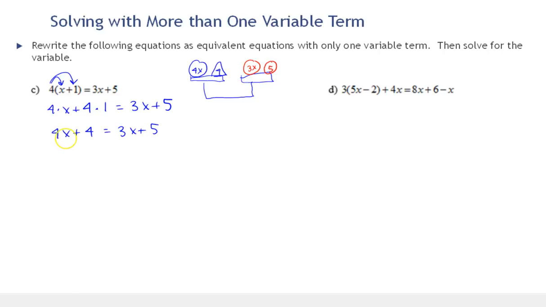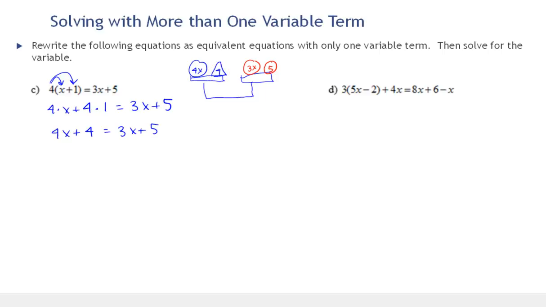Here we can't tell the construction process of the equation because there's x's on both sides. So here's what we're going to do. We're going to use the addition property of equality to make it so there's x's only on one side of the equation. So I'm noticing 3x is less x's than 4x.